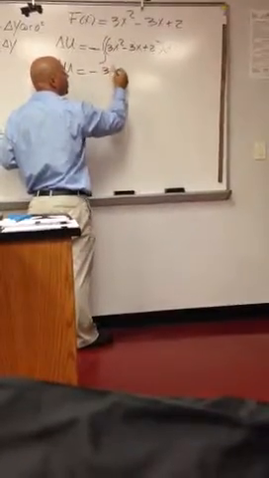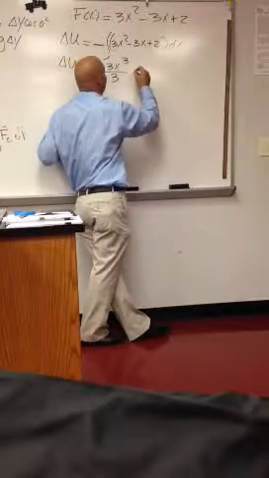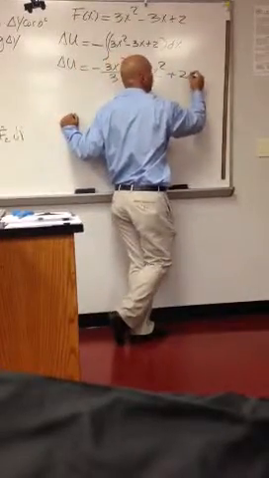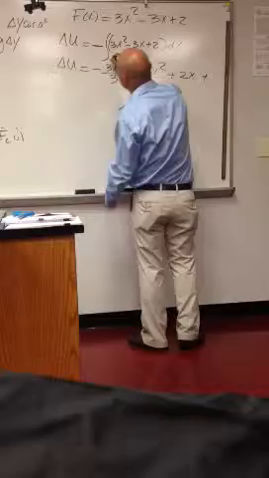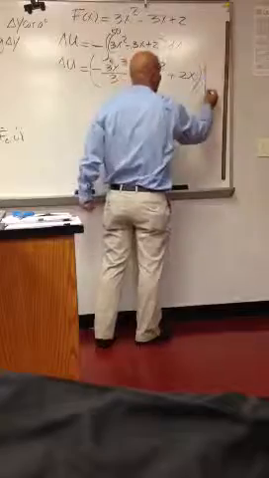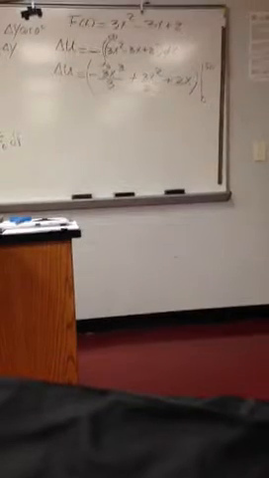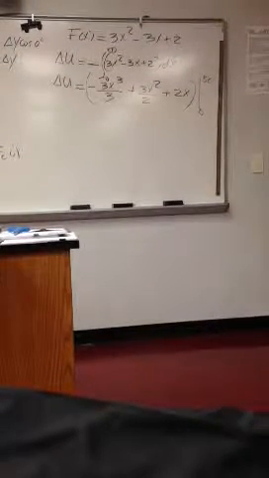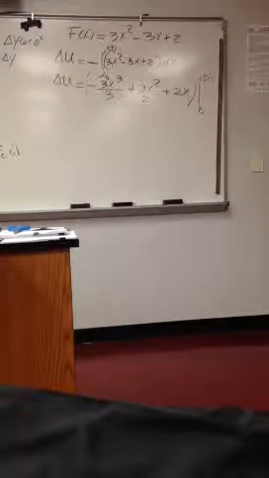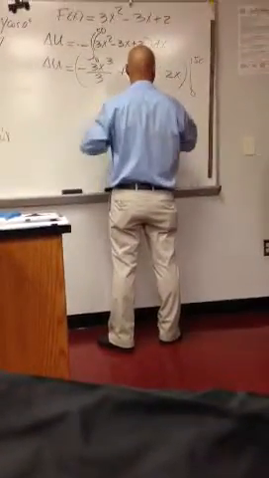Negative, 3x cubed over 3, plus 3x squared over 2, plus 2x plus c, but because it's from 0 to 50, I just need to evaluate it as a definite integral from 0 to 50, and I apply the second fundamental theorem of calculus. Any questions about finding the change in potential energy if I give the conservative force? Wouldn't it be minus 2x? Yes. Yes. Minus, because it's negative. Thank you.